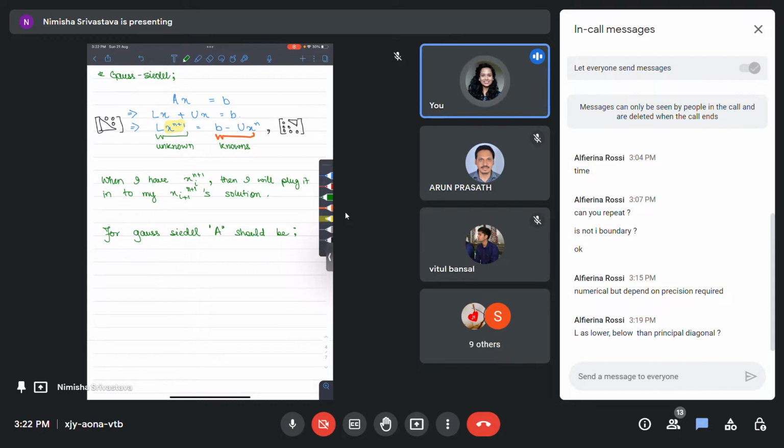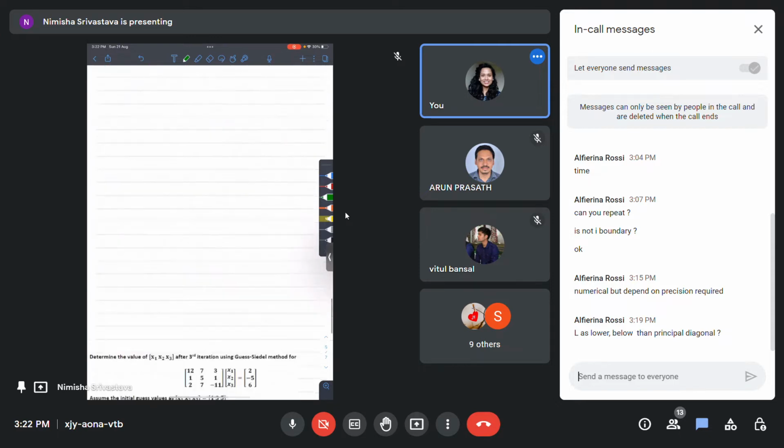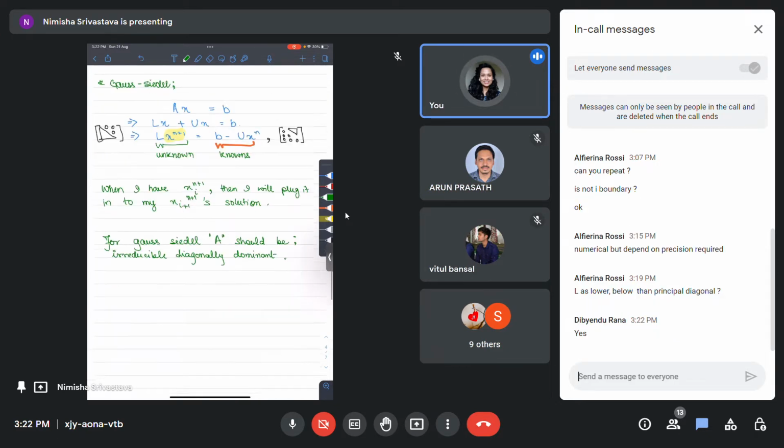None of them starts with irreducible. Anyway, we'll not bother too much about the nomenclature, but it's called irreducible diagonally dominant. Have you heard of diagonally dominant in class? Okay, great.